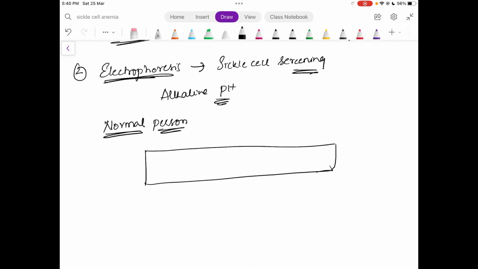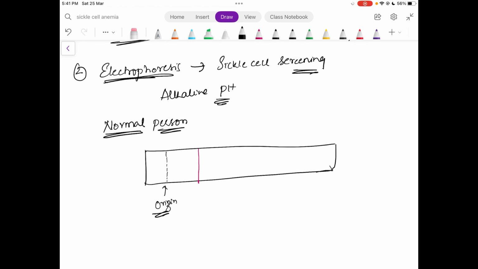This is an electrophoretic slide, and we will apply the sample here. This is the origin. We have three types of hemoglobin: HbA, HbF, and HbA2. HbA2 will be here near the origin.